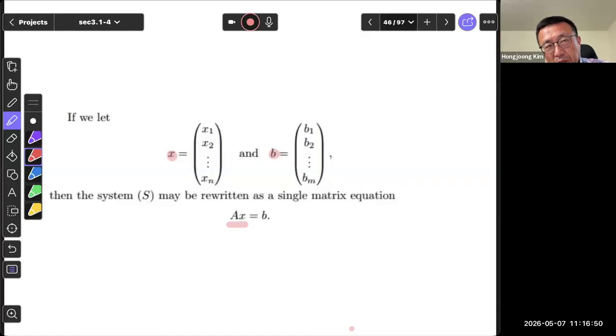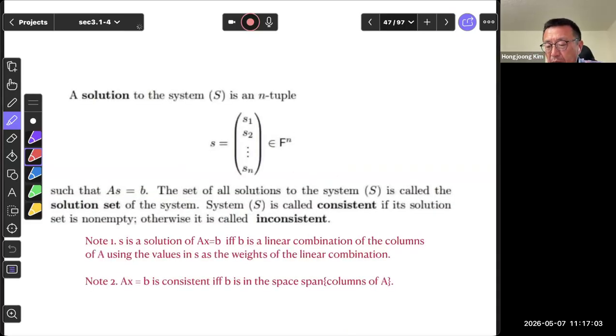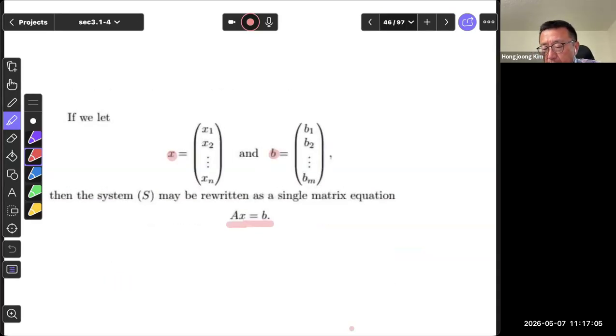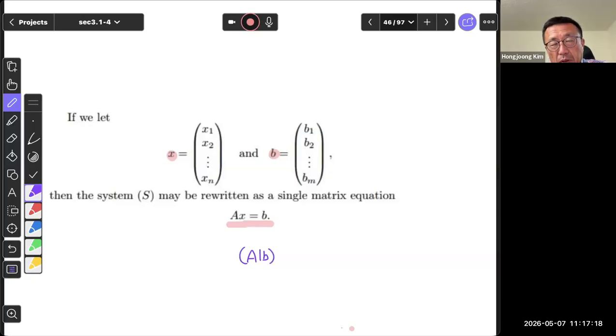So the system of equations can be written as a single matrix equation, AX equals B. Given this B, sometimes we will consider a larger matrix constructed from A and B, called the augmented matrix.